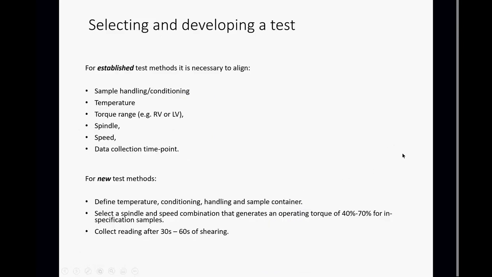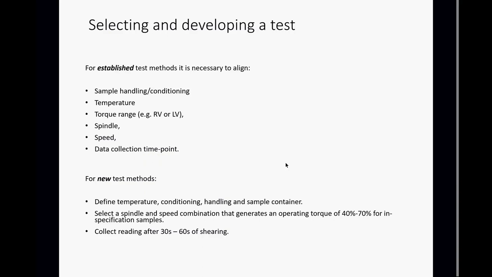So when we come to actually selecting and developing a test method, there are two situations. If we've got an established test method that we're working to, then we need to align on all of these aspects here. If we're developing a new method, then we've got more of a free rein there.